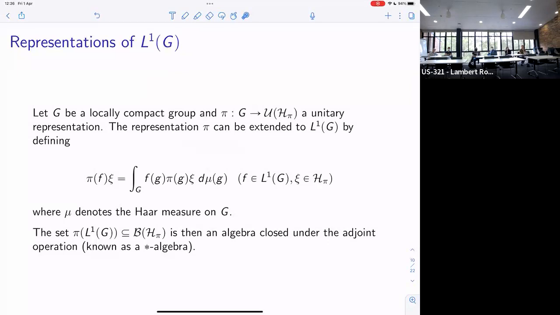And so as a result, we get that pi of L1G is a sub-algebra of the algebra of bounded operators on the Hilbert space H pi. And it's also closed under the adjoint operation in the space of bounded operators on this Hilbert space. So we call this a star algebra because it's an algebra and it's also closed under this adjoint operation.